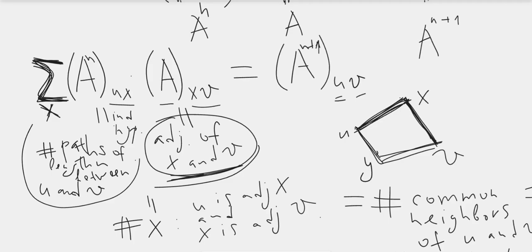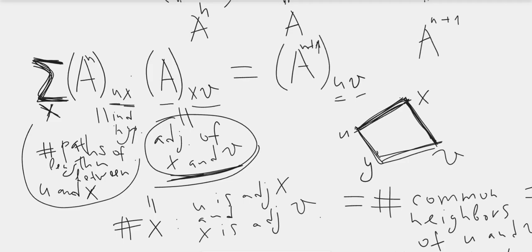Yes, so this is the A to the power n, not u and v, I'm sorry, but u and x, because this is for vertices u and x.